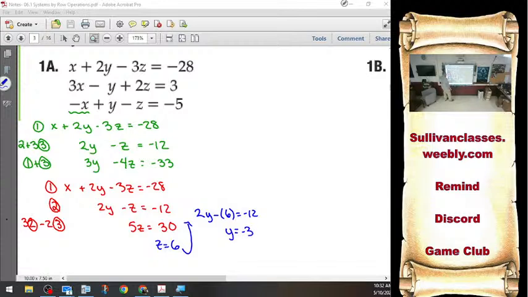If you have to write it out, write it out. X plus 2 of these minus 3 of those is negative 28. Negative 6, negative 18 is negative 24. Add 24 to the other side. X is negative 4. Okay. Write your 3D coordinate. Negative 4, negative 3, 6.